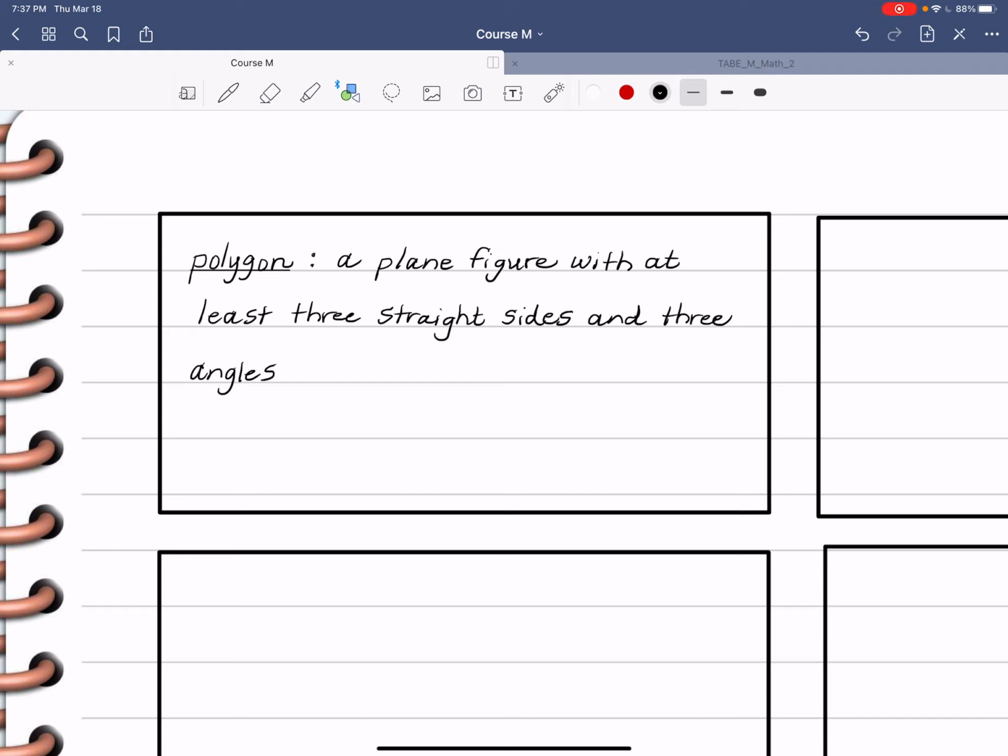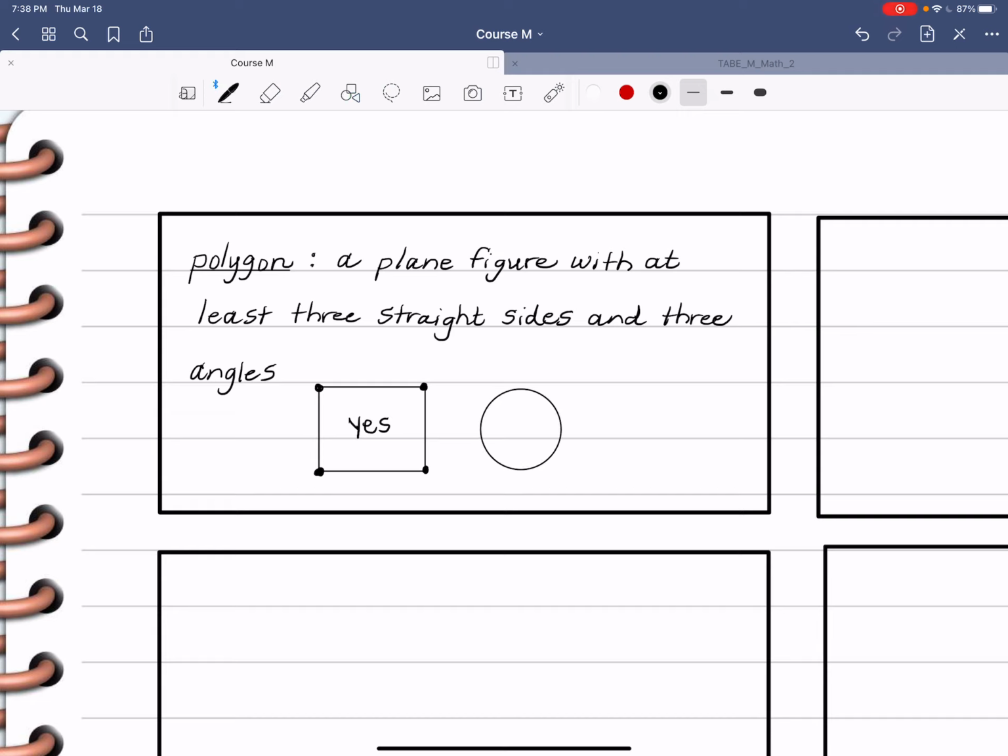So, for example, is that a polygon? Well, there's one straight side, two straight sides, three straight sides, four straight sides. So yes, this is a polygon. What about this one?